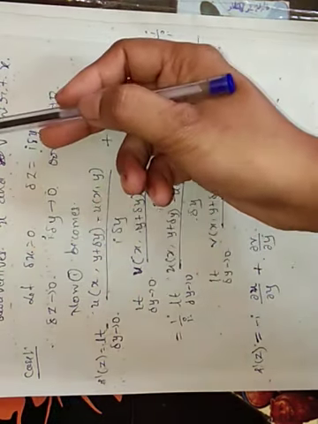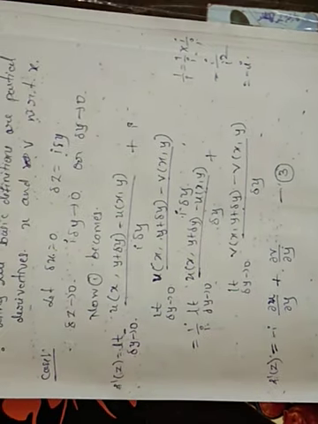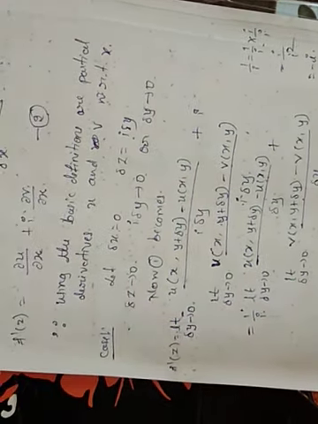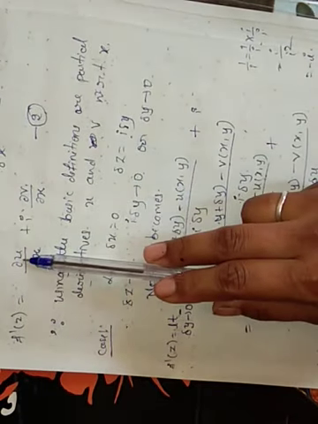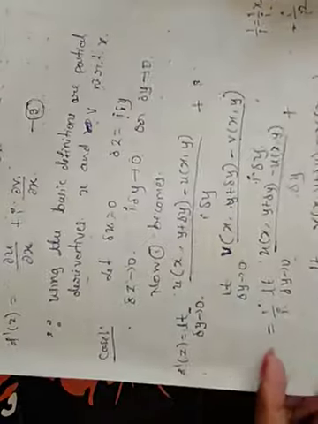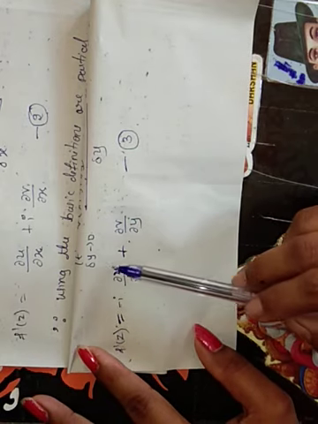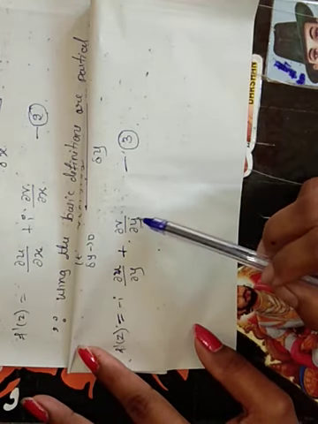F dash of z equals this term. See the second and third equations here. The second one is f dash of z equal to dou u by dou x plus I into dou v by dou x, and equation 3 is f dash of z equal to minus I into dou u by dou y plus dou v by dou y.